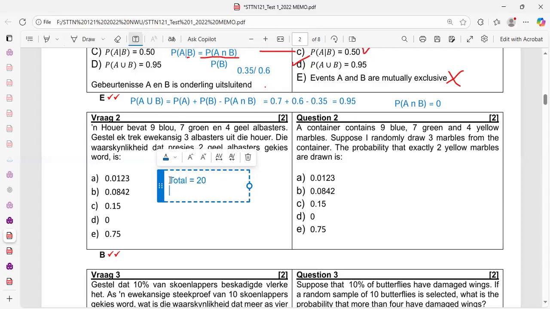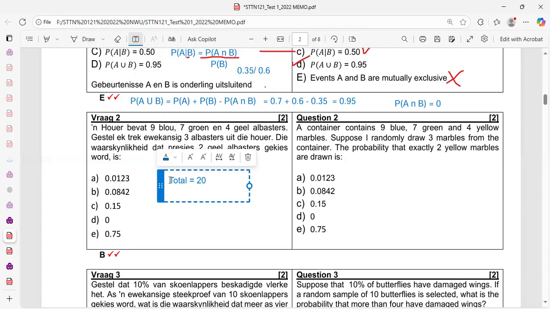Now, remember, if you draw 3 marbles from the container, the probability of exactly two. So when they say the probability of exactly 2, for us to find that, we already have the total.